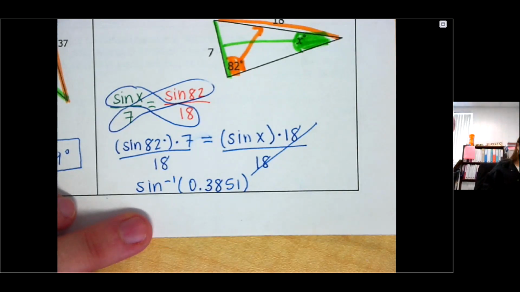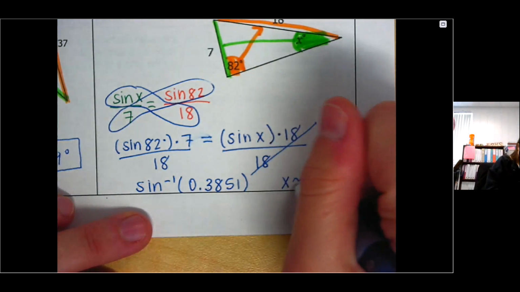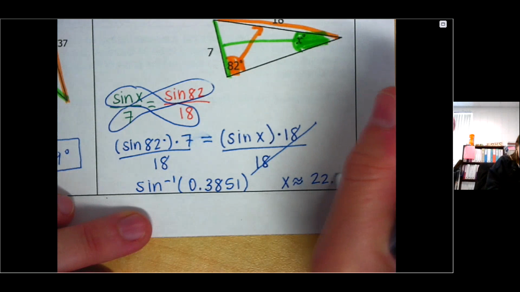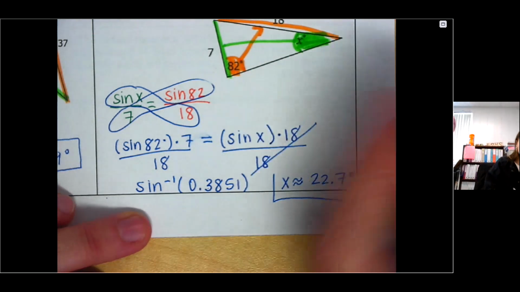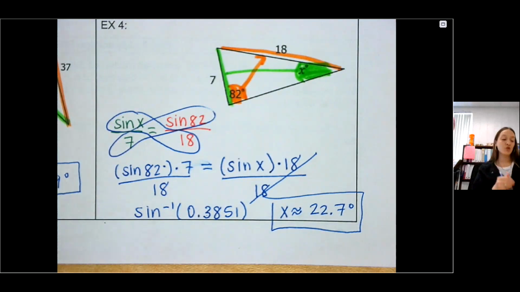So keeping that in my calculator, I push shift sine or inverse sine, and I get X is about 22.7 degrees. So there we have used the law of sines to create two proportions, cross multiply, and help us solve for either unknown sides or unknown angles in any triangle given.